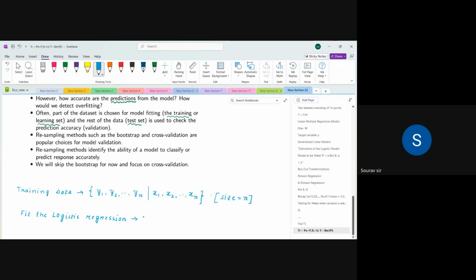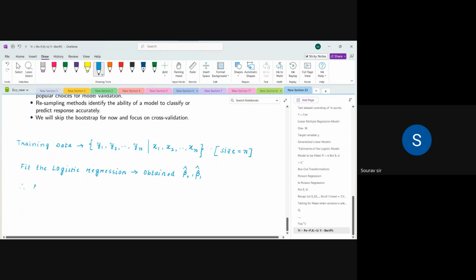If I fit the logistic regression, I will obtain the estimated parameters. And from here, how will our estimated probabilities be calculated? pi hat equals e raised to the power beta naught hat plus beta 1 hat x i, over one plus the same. Agreed? So our estimates have come and the probabilities will be calculated like this, we know that. This is the model development stage.